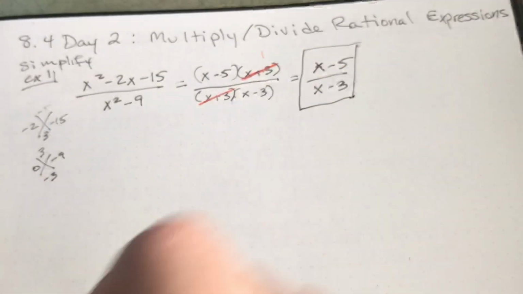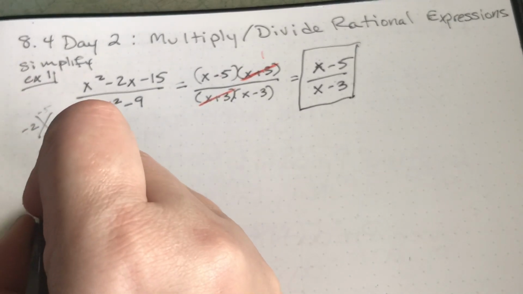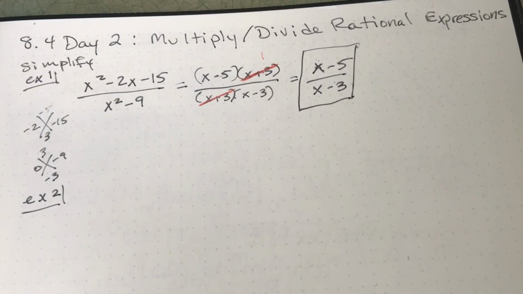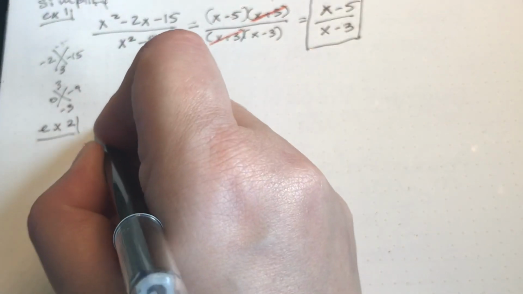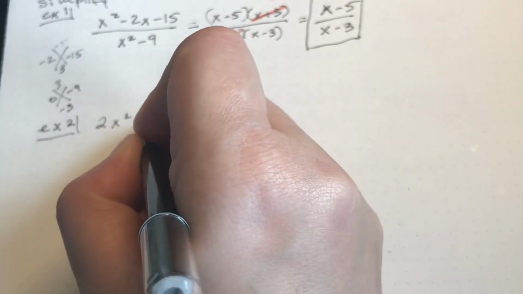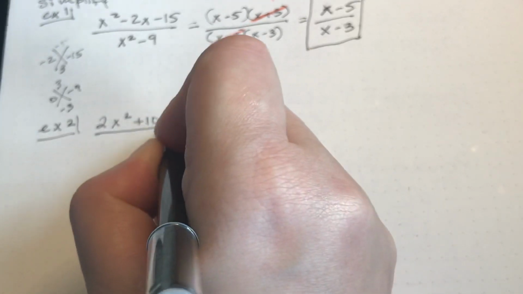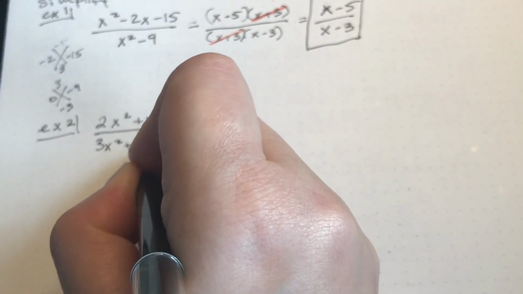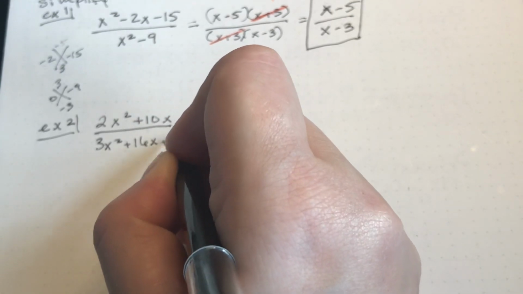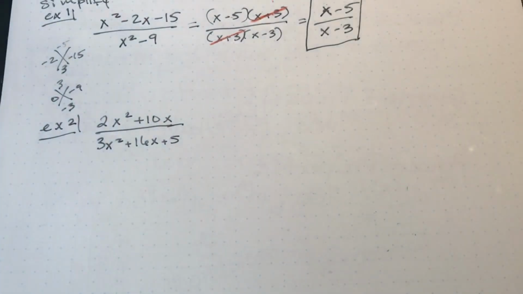All right, let's do another one. Example 2. So this is 2x squared plus 10x divided by 3x squared plus 16x plus 5. Okay, so again, we have addition happening and division.